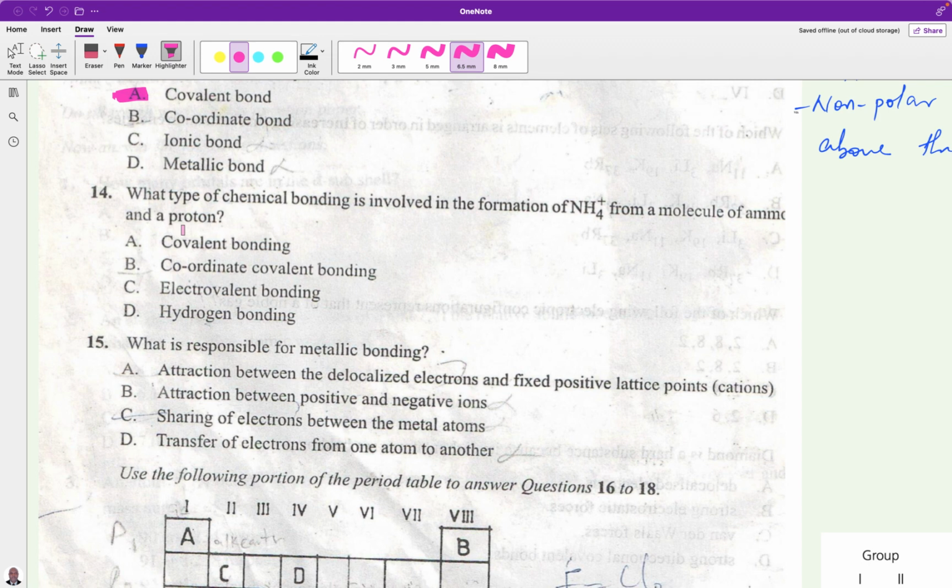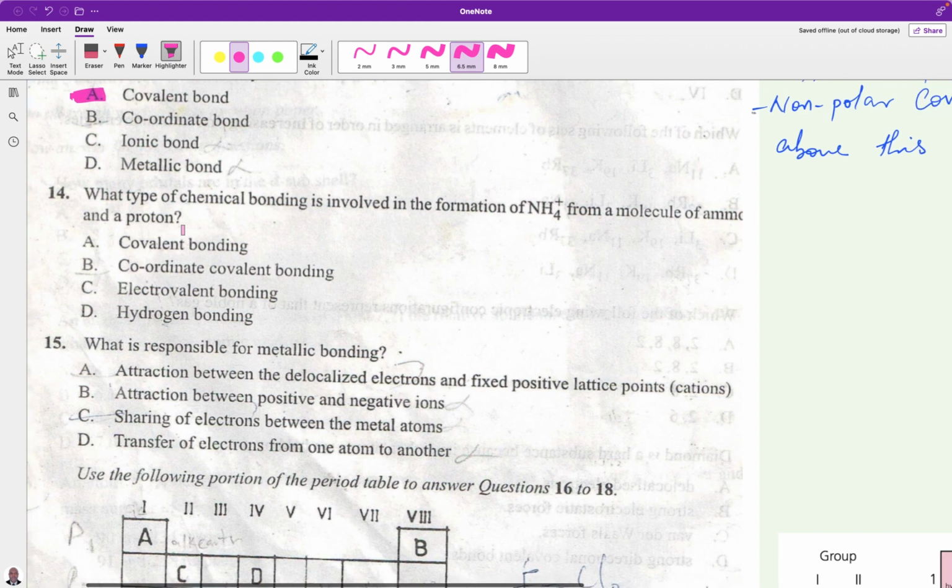We apologize once more for the poor quality of the question paper that we received. So, the type of chemical bond involved in the formation of the ammonium ion from the molecule of ammonia and a proton.